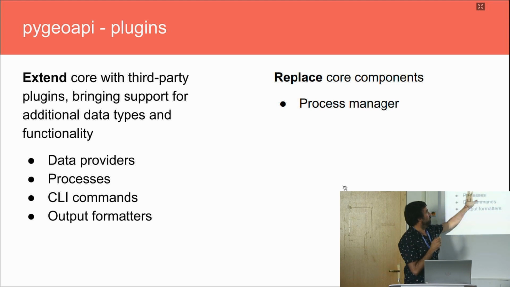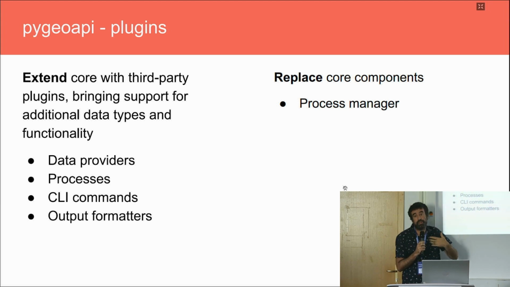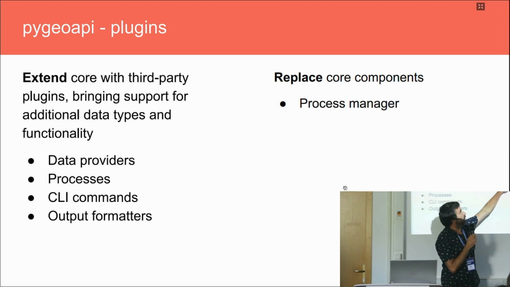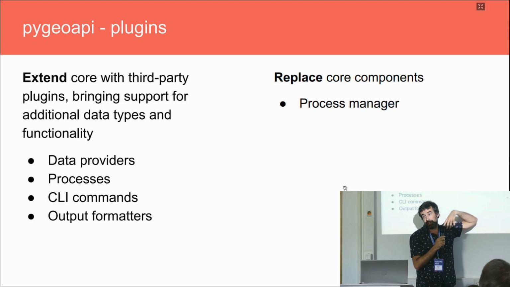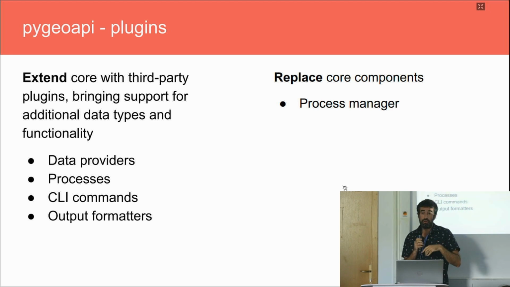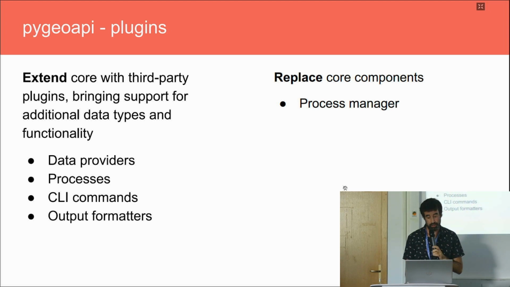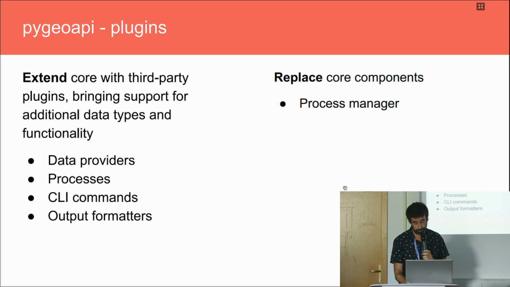You can add additional data providers, you can define your own processes, which is what is relevant for this talk, and also replace the core process manager with your own, which is what I will be speaking about in a moment.